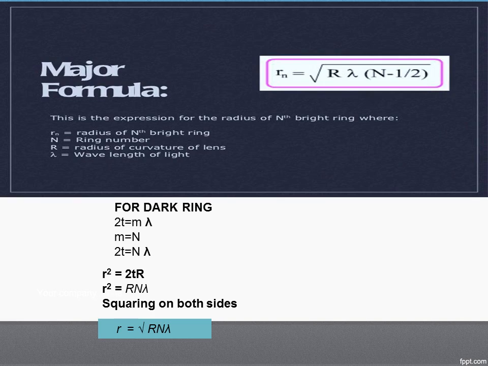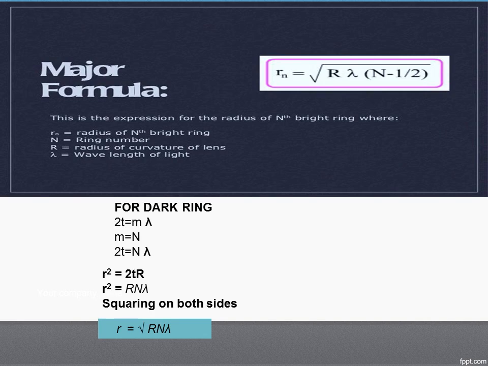Now for a dark ring, we will take the path difference 2t equal to m lambda. Here the order is equal to the number of the dark ring, because the conditions of interference are reversed here, and for a dark ring, or destructive interference, the order m is equal to n. So 2t is equal to n lambda.